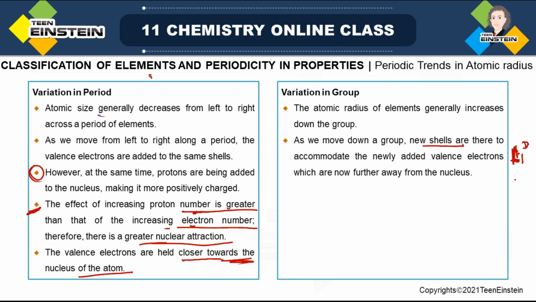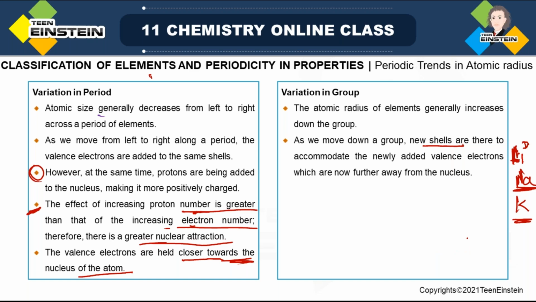Lithium is from the second period, sodium is from the third period, but they are in the same group. Then there is potassium. Here the principal quantum number for lithium is 2, for sodium it is 3, for potassium it is 4. So it is 2s1, then 3s1, then 4s1. I'm talking about the outermost electronic configuration.